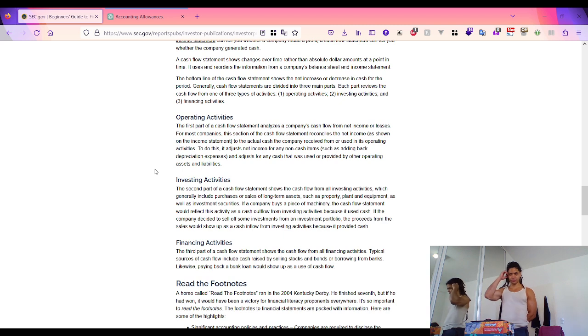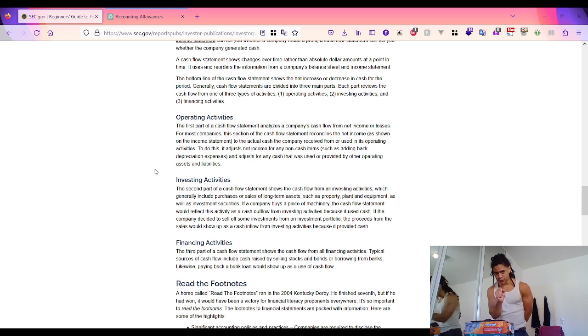So the operating activities, which is the first part of the cash flow statement, analyze the net income, the cash flow from net income from the income statements, and reconcile it with the actual cash the company receives or uses in its operating activity.